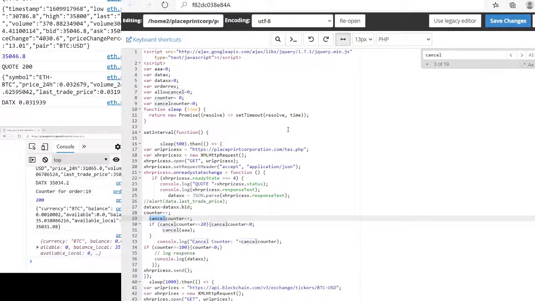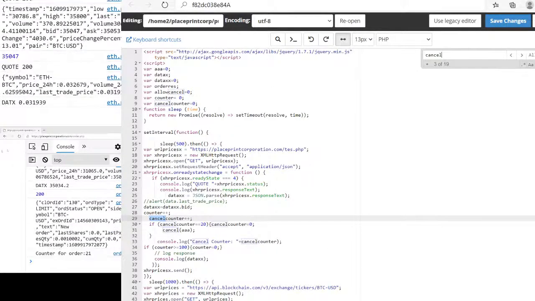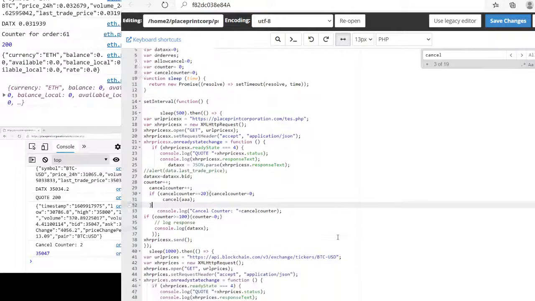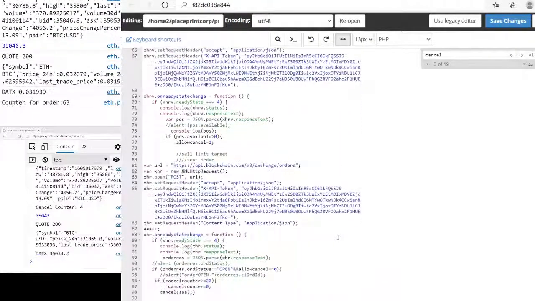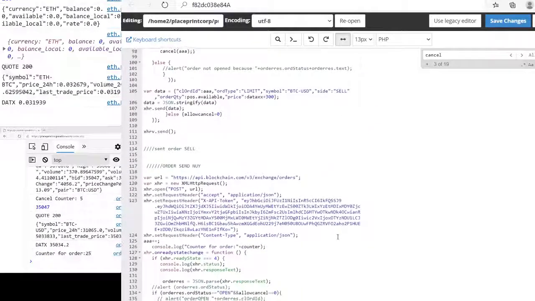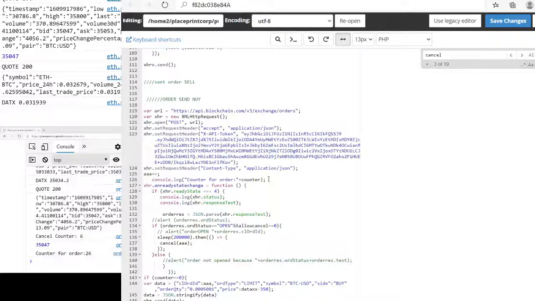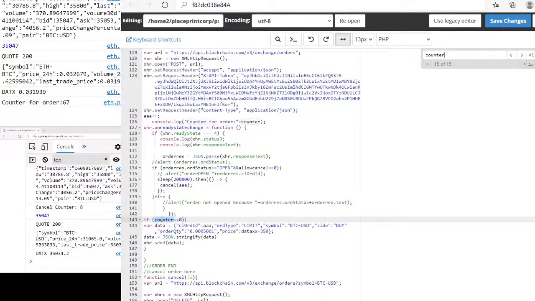Wait a second. Are we still sending buy orders as well? We better be. What's the biggest number in the... Where is it? If counter, where's the counter? Find counter.